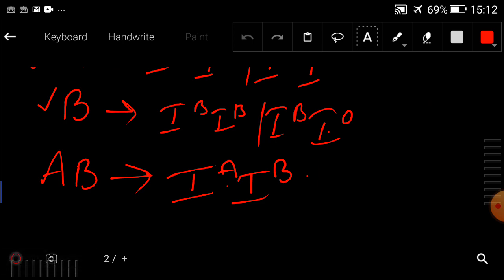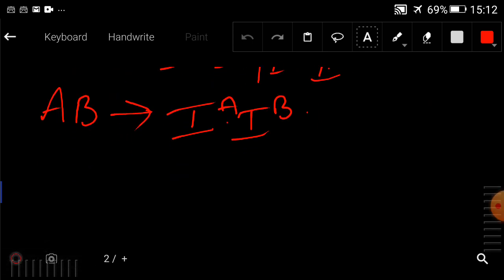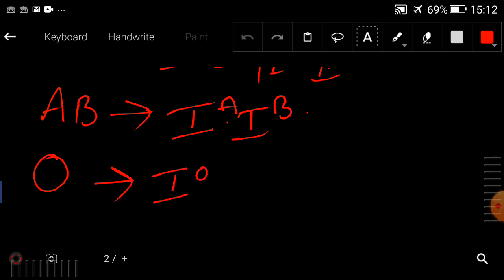Coming to the O blood group person, an O blood group person always expresses IO IO, because if either A or B is present, he or she will definitely express A or B or AB. But O means recessive. When both the alleles are recessive, then only O blood group can be expressed.